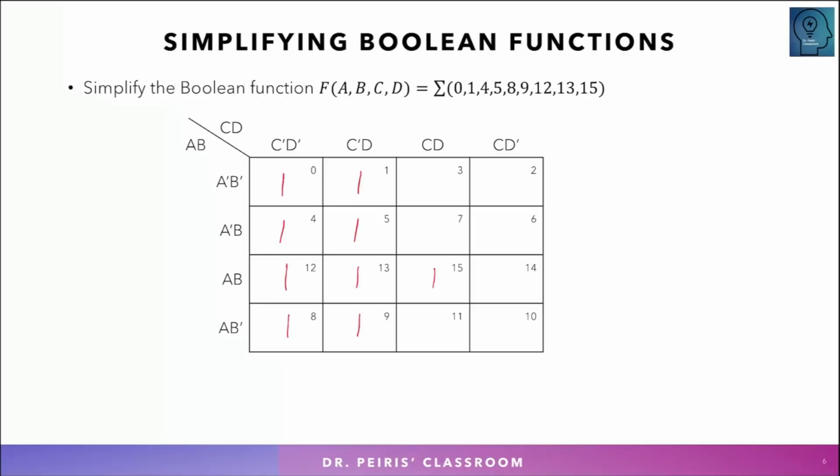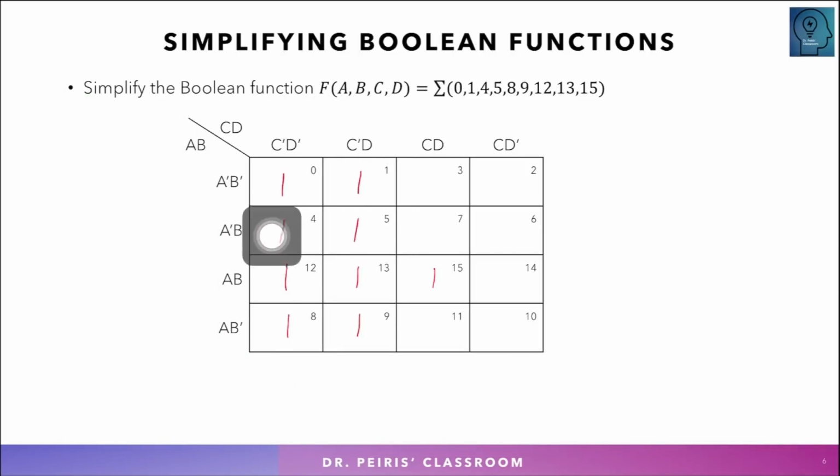Now how do we group this one? We always look for the largest possible group which has more ones, and the number of ones in the group must be a power of 2. If you look at this entire area, I have 4 ones here, 4 ones here.